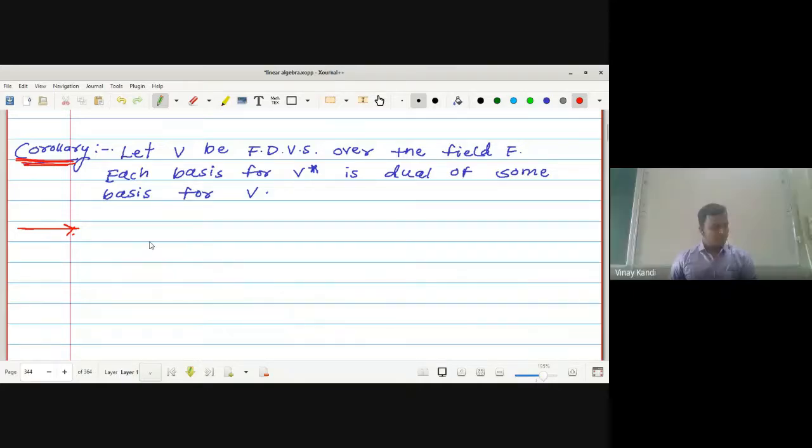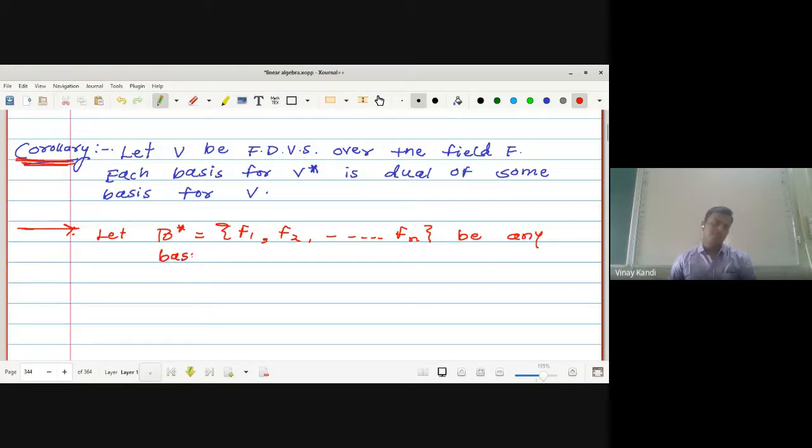Look at the proof now. Let B star equal to f1, f2 up to fn be any basis of V star.